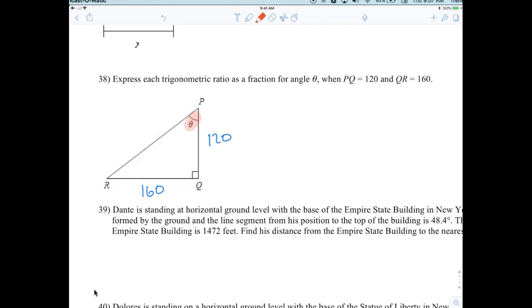This right here is the angle. This is the opposite, and this is the adjacent. So this would be tangent of theta is equal to 160 over 120, and of course we reduce that, so tangent theta is equal to 4/3.